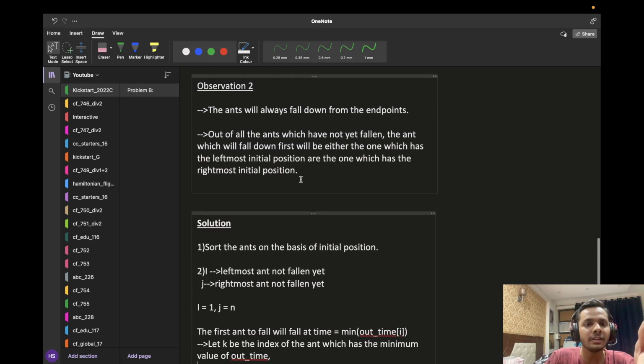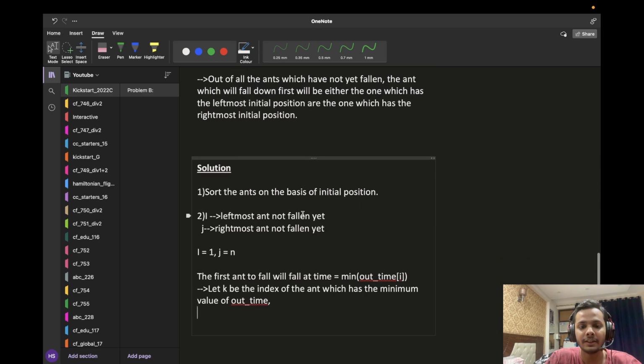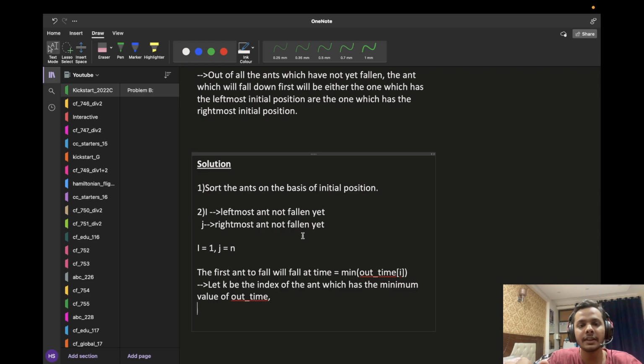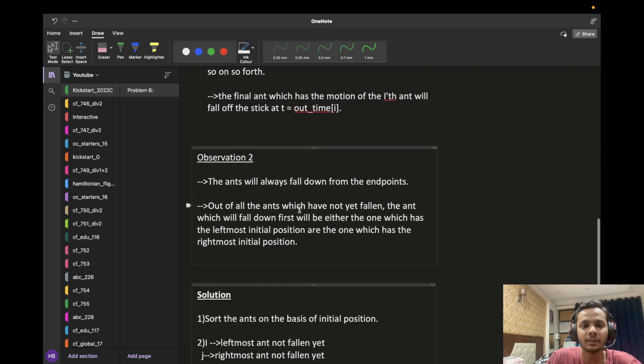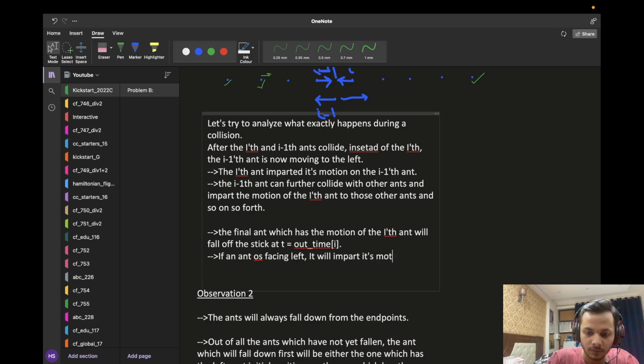Because if an ant is facing to the left, it will only impart its motion to an ant which is to the left of it, right? Similarly, if an ant is facing to the right, it will only impart its motion to the right of it, right? So I think this is an important point which we should write in the first observation itself. So if an ant is facing left, it will impart its motion to some ant towards its left, right?